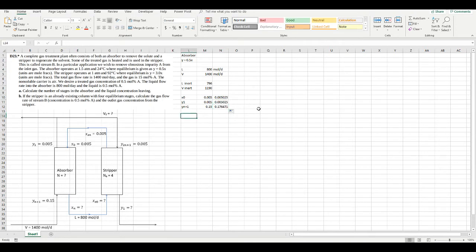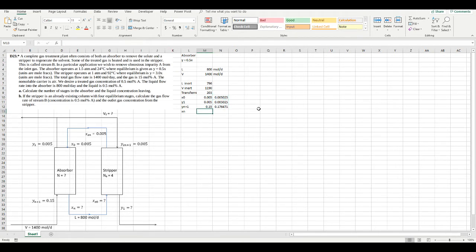Now, in order to find the outlet concentration of the liquid, we'll need to perform a mass balance. We know that the amount of impurity that's transferred is equal to 14.5% of the total gas flow rate. So let's write that down, which is 203 moles per day.